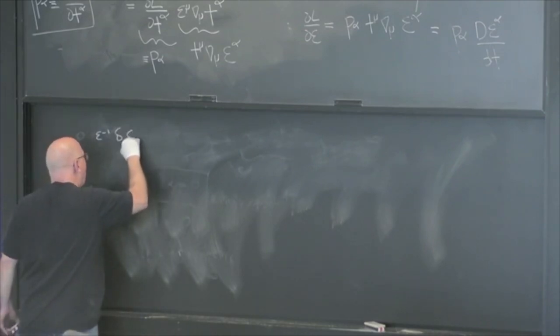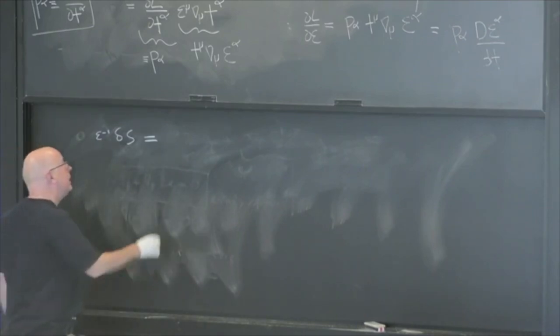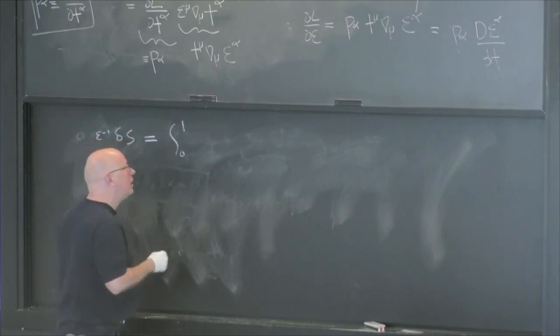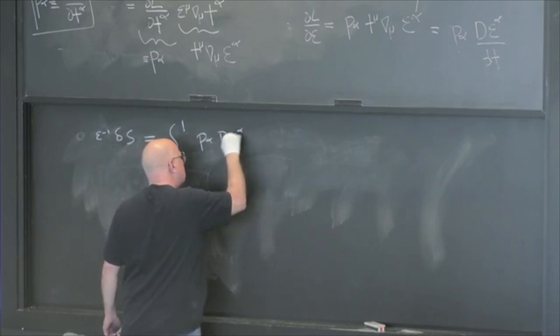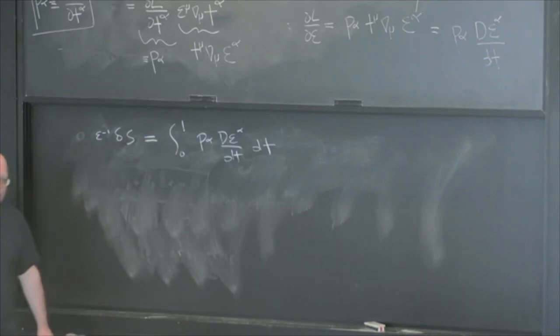So 1 over epsilon times the variation of the action, that's going to be to us the integral between 0 and 1 of what we now got. And now I have to work on this, but we're one step away from being done, basically.